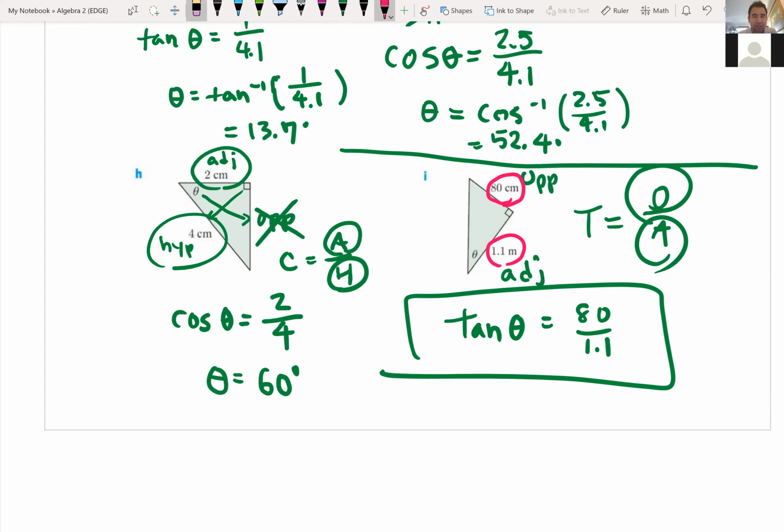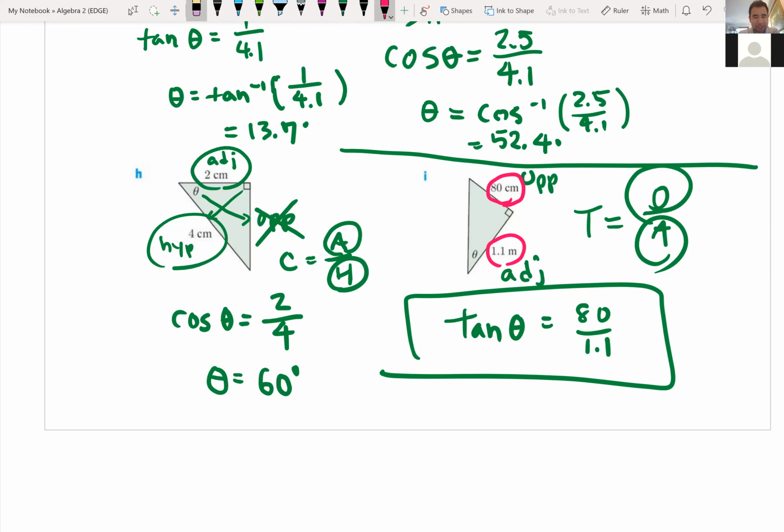One is in centimeters and the other is in meters. So 80 divided by 1.1 does not make sense because you're dealing with two different measurements. So you have to make an agreement between the measurements.